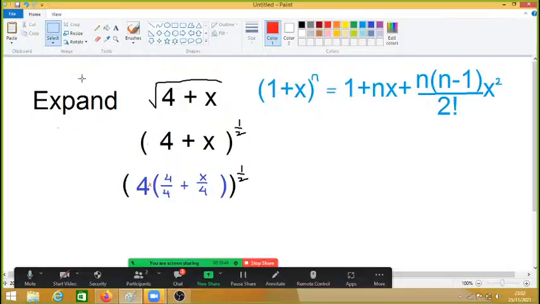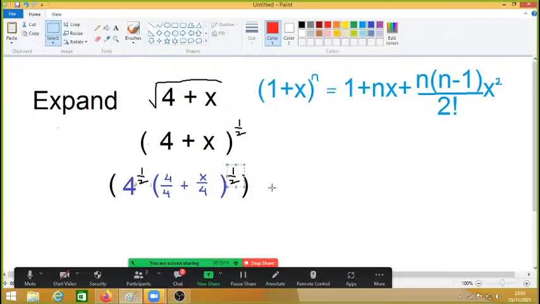So I'm going to apply the power of a half to the 4, and then apply the power of a half to the bracket.